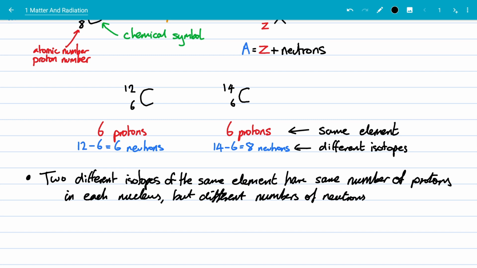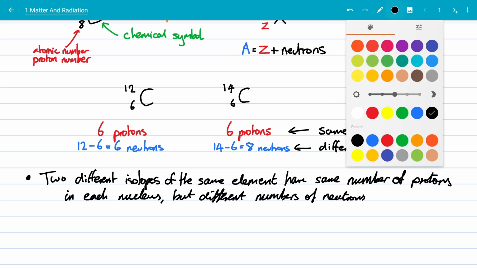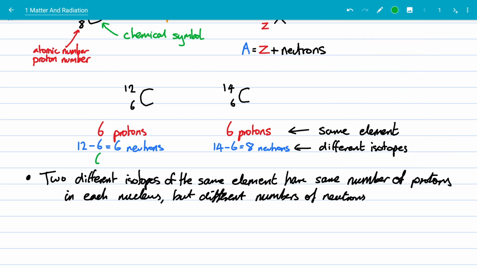Same number of protons means same number of electrons. And I could even label the number of electrons. Because there's no charge symbol, this must have 6 electrons. And this must have 6 electrons. There's no charge symbol, which means that the number of protons and number of electrons must be the same because it's a neutral particle. It's an atom.